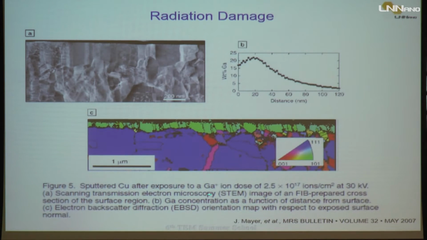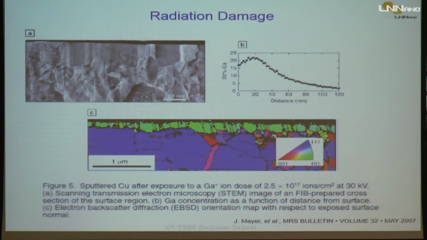Here we have the STEM image of the sample that was prepared. Here you can see the profile of percentage of gallium ions in the sample. But look, the sample is a bulk material of copper, but the researcher is measuring gallium here. Why gallium?